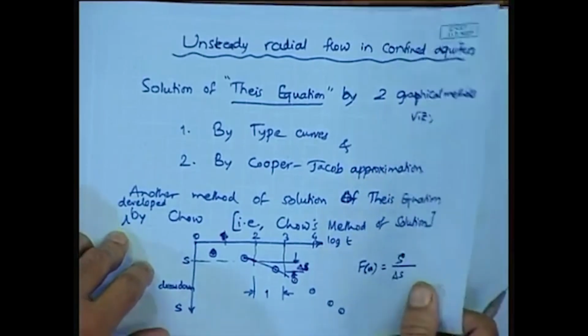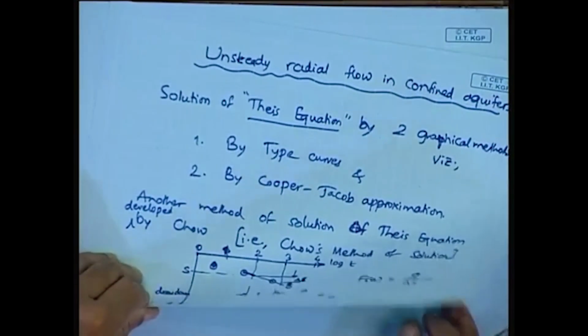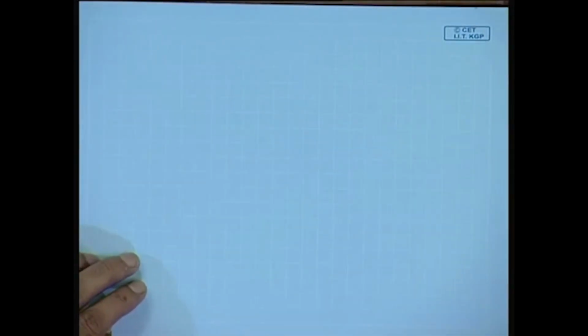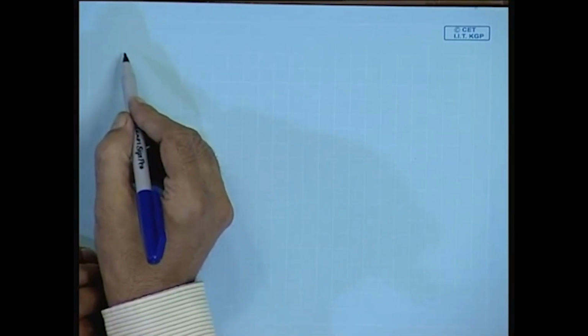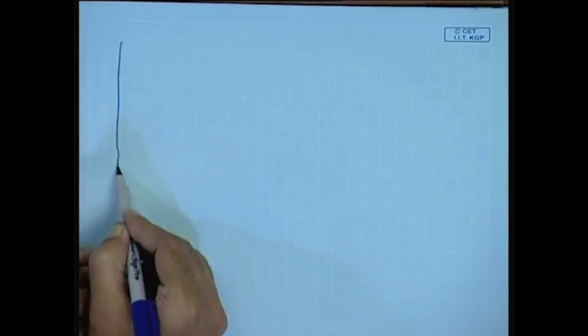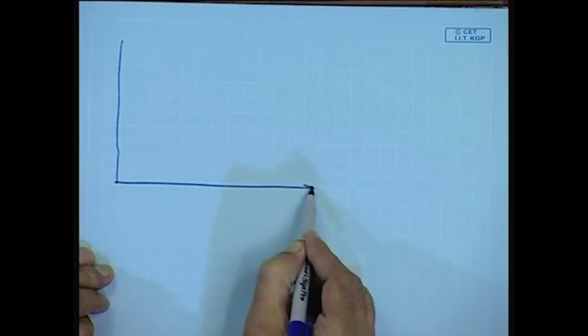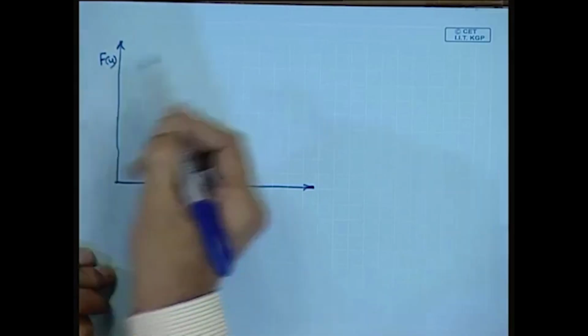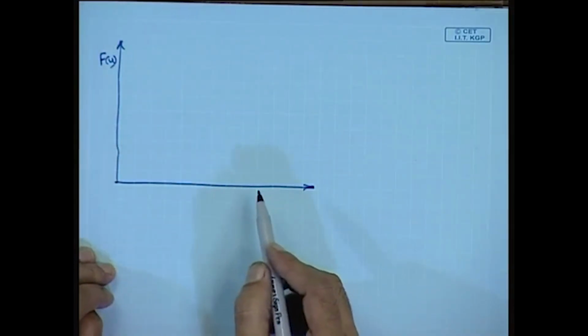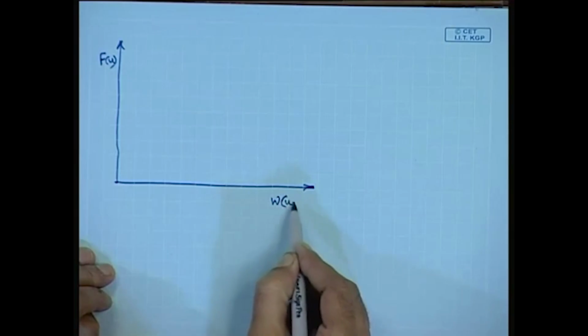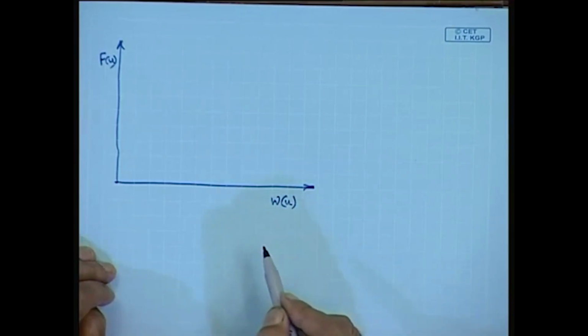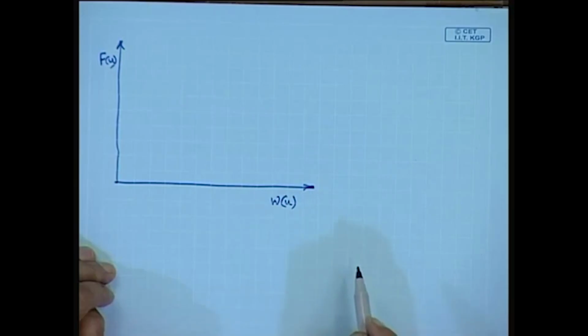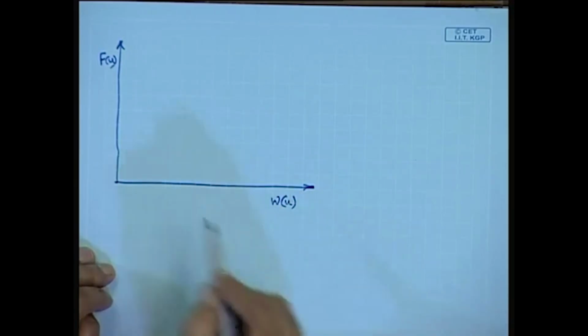Then the corresponding values of W and u are obtained from the figure. Here we have F(u), which is s by delta S, and here we have W(u), the well function.